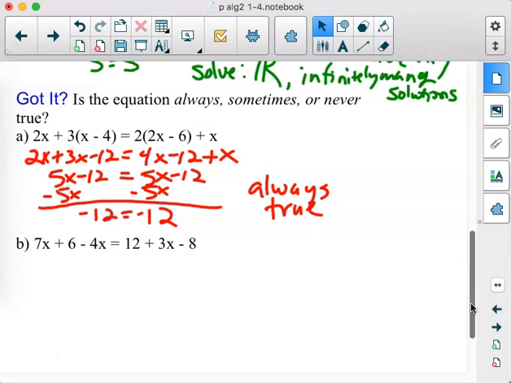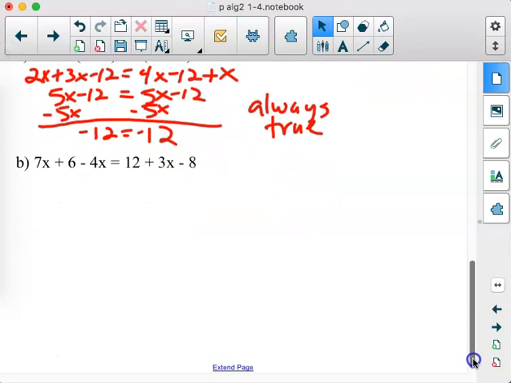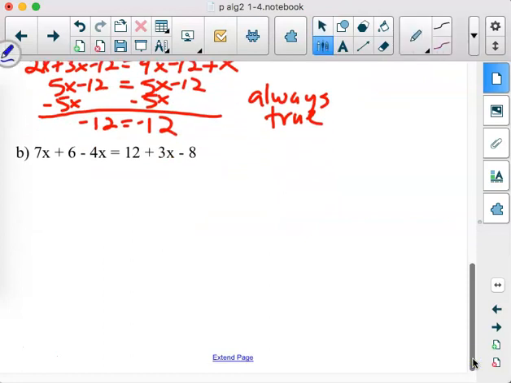Now, B, not quite as much work, because there's no parentheses to take care of to simplify this first. But we still have to simplify the left side and simplify the right side. So 7x minus 4x is 3x plus 6. And on this side, we'll have 3x plus 4 because 12 minus 8 is 4.